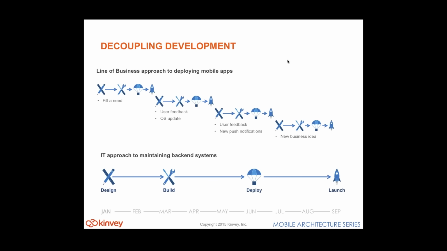Meanwhile, IT doesn't want to take that iterative approach to maintaining a lot of their backend systems, because that would end up with a lot of mess, and IT has this more waterfall type approach of design, build, deploy, and then launch that takes place over a much longer cycle.